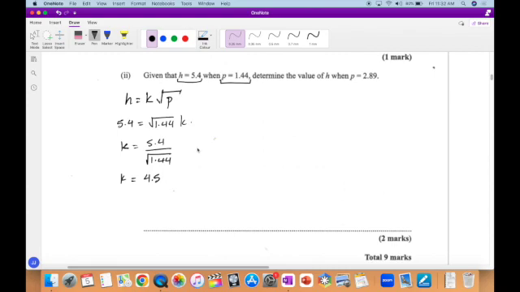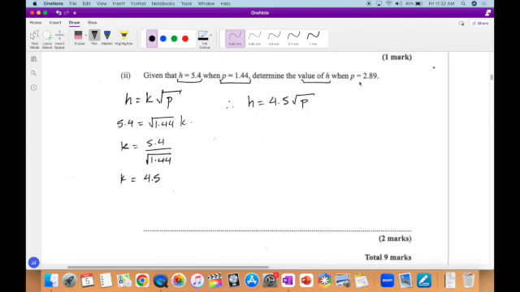And so now we have k, so therefore we can have the particular equation, the specific equation, h is equal to 4.5 times the square root of p. So now that we know what k is, we could find whatever they want us to find.